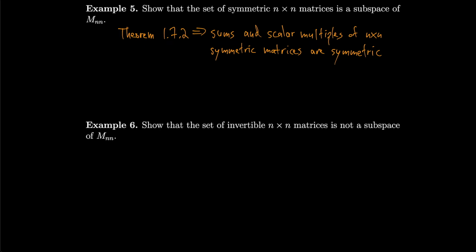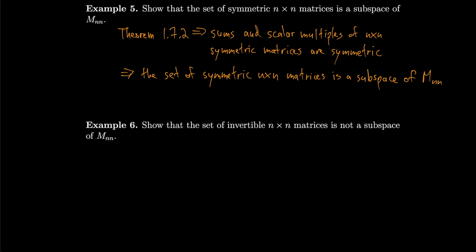Okay, so that means that the set of symmetric n by n matrices is in fact a subspace of the set of n by n matrices M_nn by the subspace test.